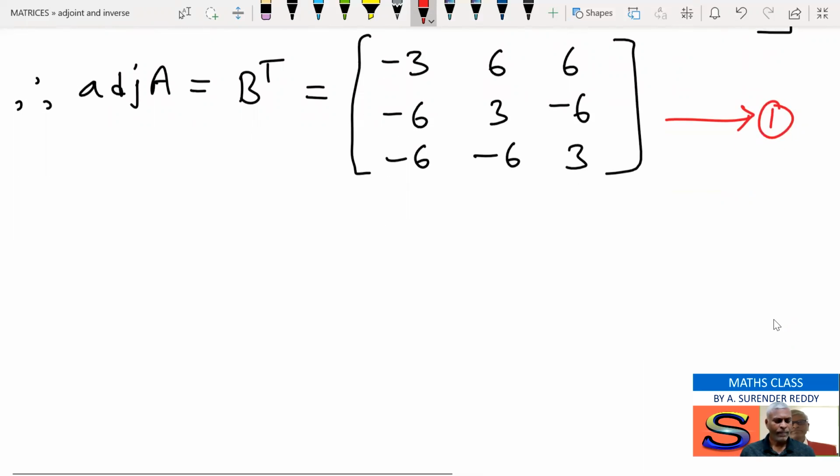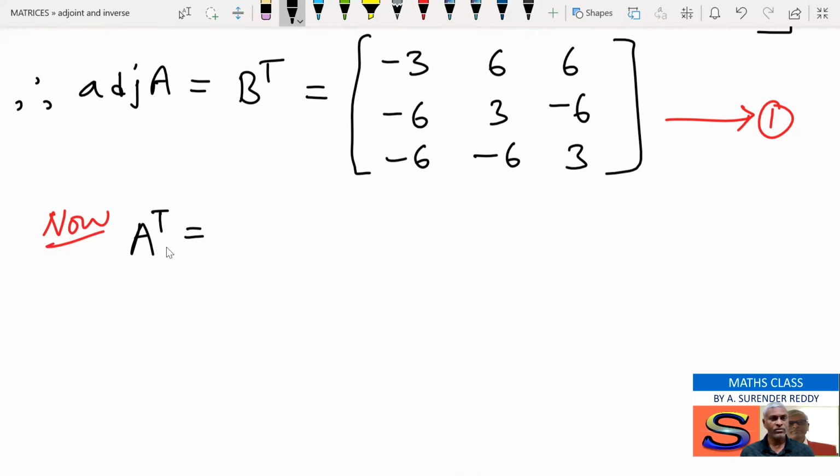Now let us find AT. So find the transpose of the given matrix. Again convert the rows into columns. -1 -2 -2: the first row will become first column.